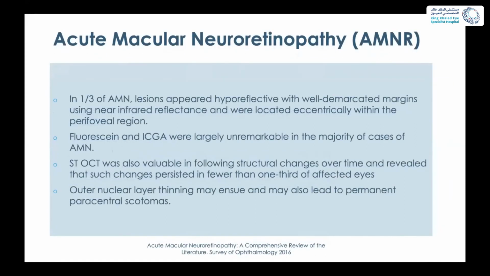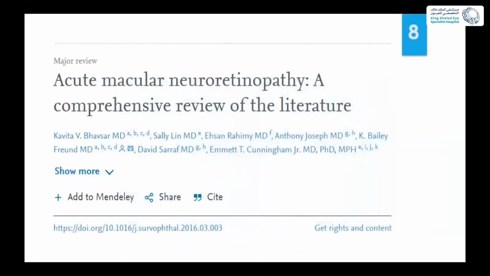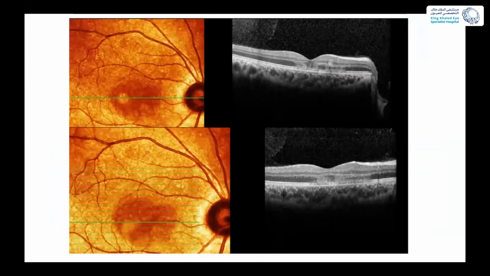So in 1/3 of patients with acute macular neuroretinopathy, it appears hyperreflective with well-demarcated margin using a near infrared image. So also, if you go back, these patients can also be diagnosed, but it depends on the MFAS image that comes with the OCT.